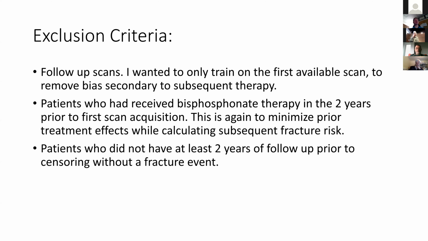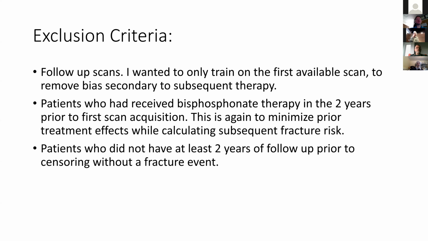So for patient selection, as I mentioned, I wanted to make sure that they were not currently on anti-resorptive therapy for the 2 years prior to scan acquisition. I only wanted to train off of the first available scan, so I removed all patients where it represented a follow-up scan to try to remove any bias secondary to therapy that had occurred based off of the first scan.